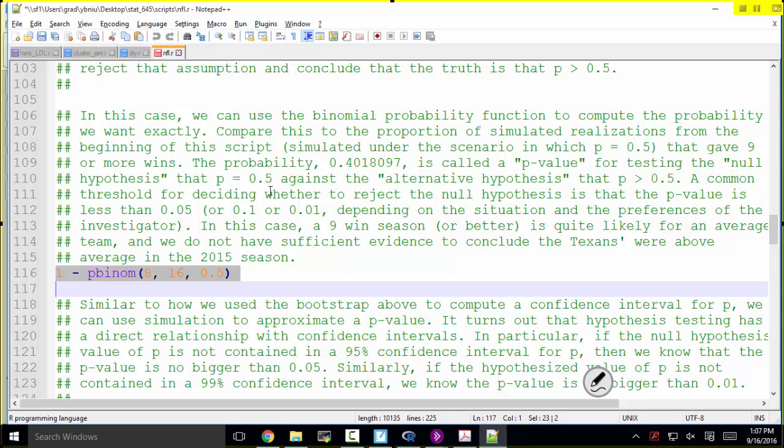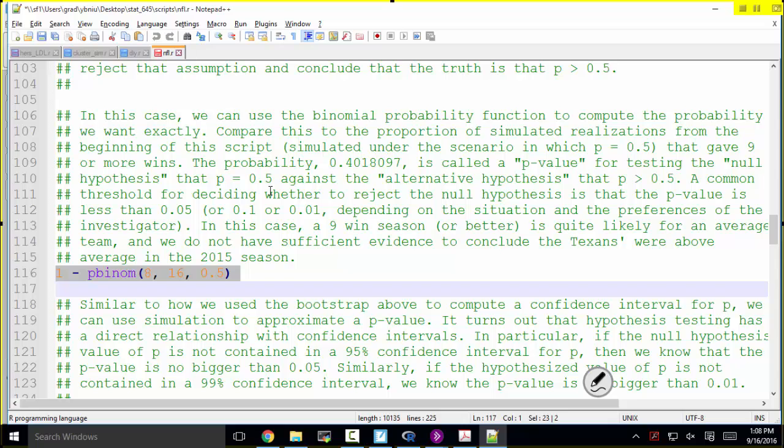Like pbinom of 8 here would be defined as the probability that this binomial random variable takes a value of 8 or less. It's a from the left accumulation of probabilities, also called a CDF, cumulative distribution function.